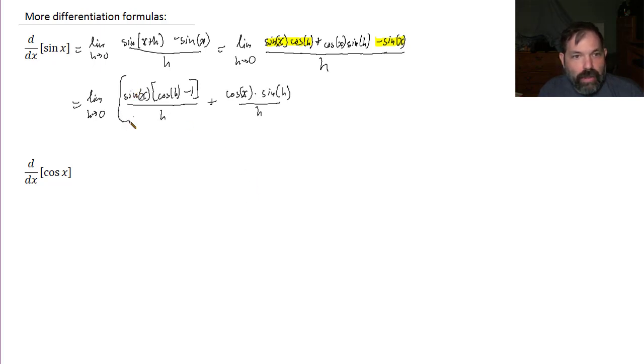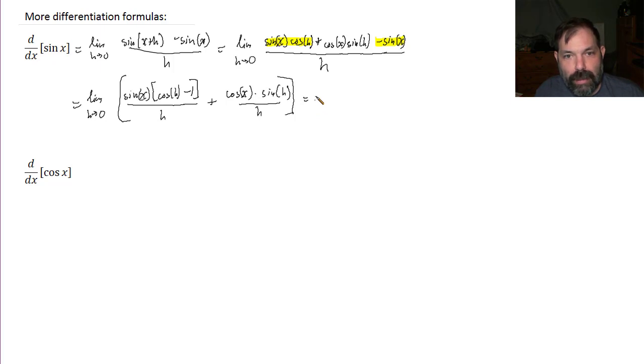Notice that this sine x does not depend on h, so I can bring it outside. Similarly, that cosine x does not depend on h, so I can bring it outside.